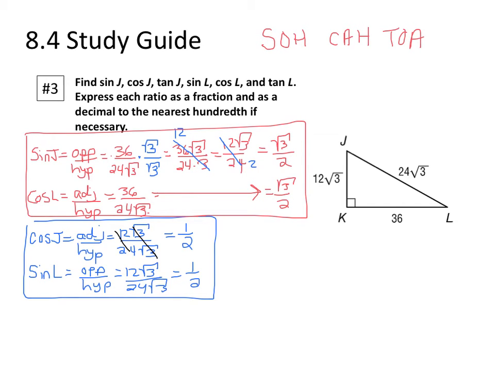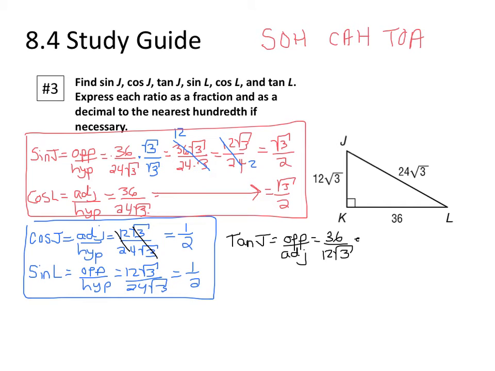And finally, looking at the tangent of an angle, so I'll start with j, equals the opposite divided by the adjacent. And from j's perspective, the opposite is 36, divided by the adjacent, which is 12 square roots of 3.